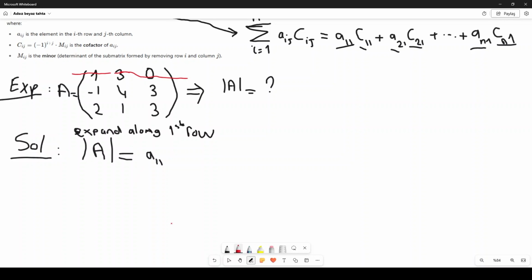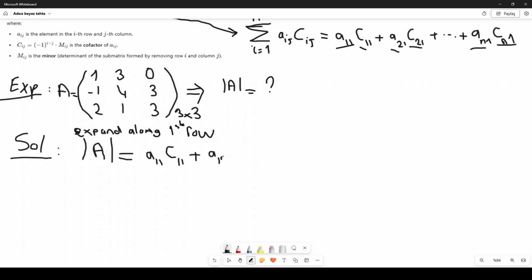You see, this is the first row. So I will use those elements, A11 times C11, the corresponding cofactor. And then, since we have a 3×3 matrix here, our original matrix is of size 3×3, so I have 3 terms in the summation formula.